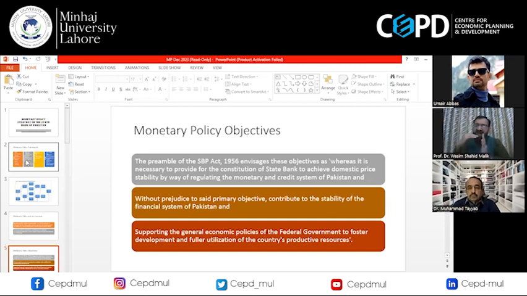So if we rank monetary policy objectives in Pakistan, then the prime objective is price stability, then financial system stability, and then utilization of the country's productive resources, which is of course about output or stabilization of output, or you can say full employment and economic growth. So the first objective is price stability, the second is financial stability, and the third is employment and output, high employment and output growth.